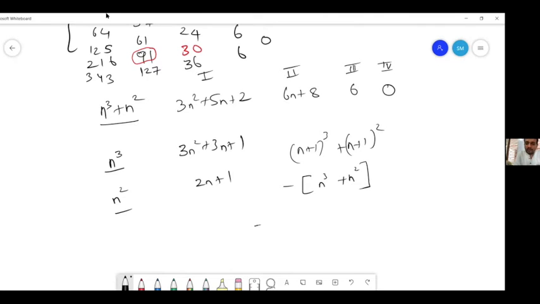If you regroup this, you get n plus 1 whole cube minus n cube, plus n plus 1 whole square minus n square. So n plus 1 whole cube minus n cube is the first order difference of n cube, and n plus 1 whole square minus n square is the first order difference of n square.